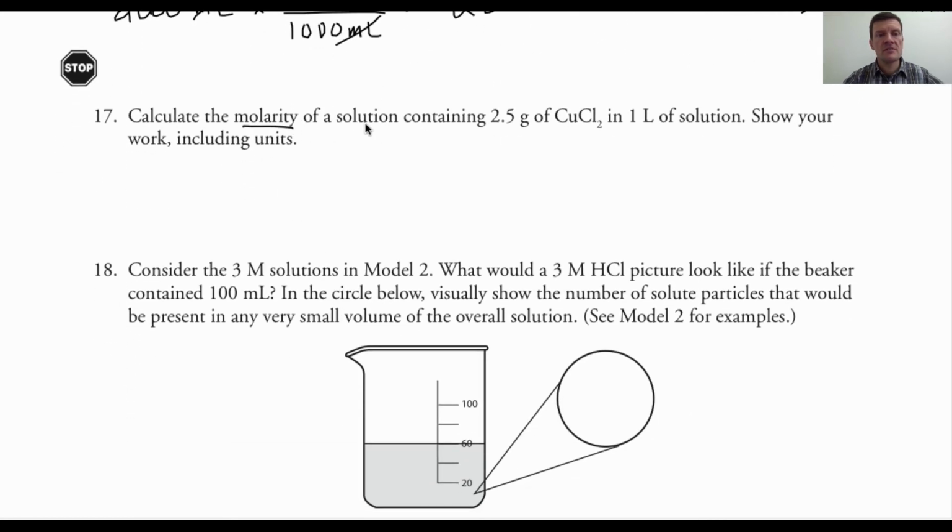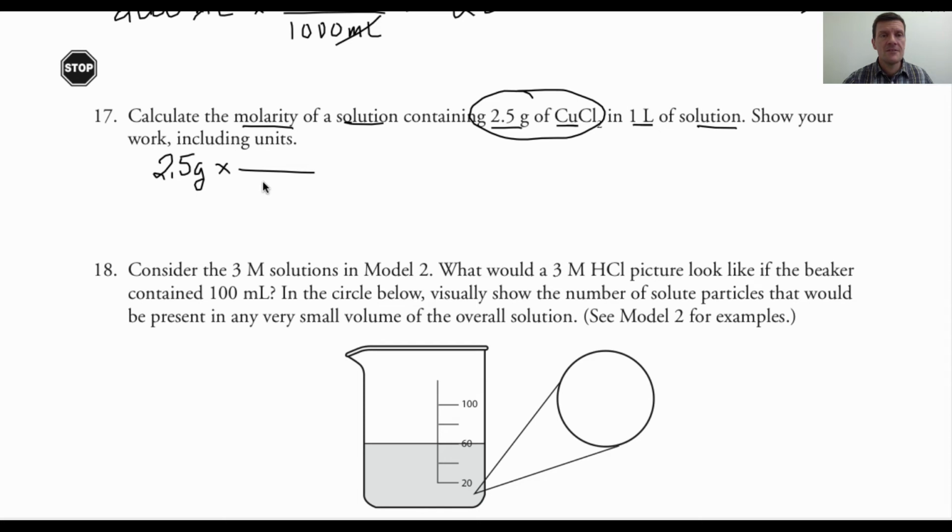Calculate the molarity of a solution containing 2.5 grams of copper 2 chloride in 1 liter of solution. Show your work including units. All right, so I'm going to just set this up. You're going to do the calculation though. We have to convert this to moles. You can't just use grams. You can't use mass for this copper 2 chloride. So we have to take this 2.5 grams and change this to moles.